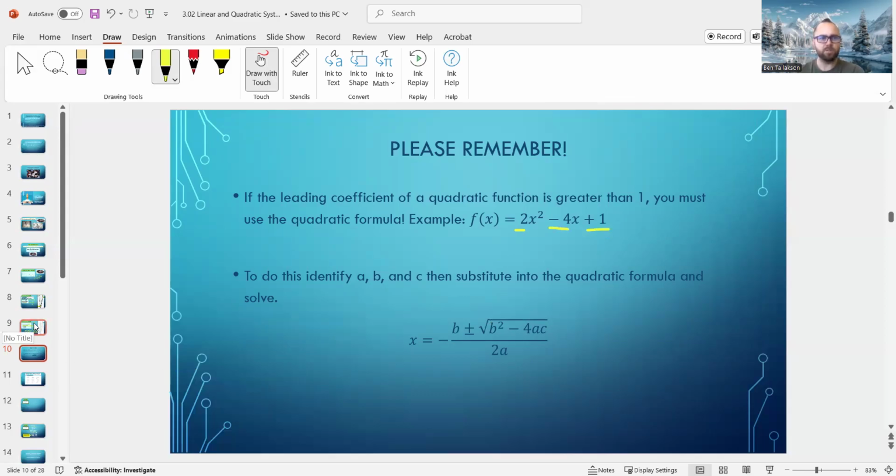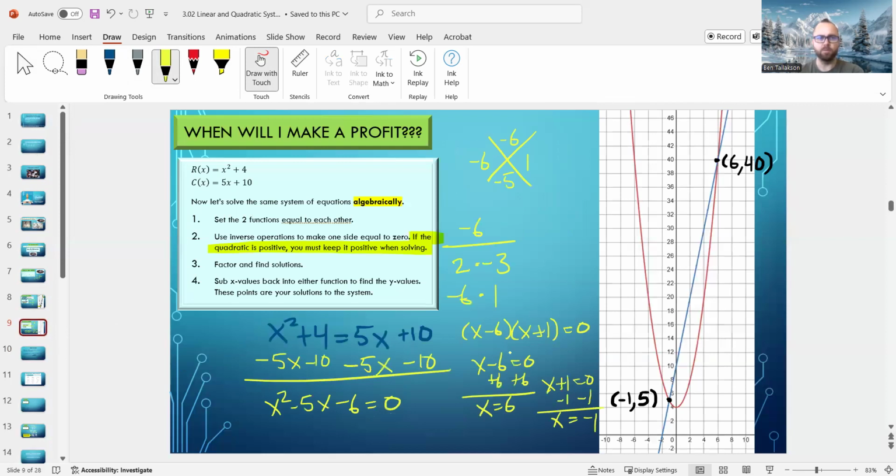And let's go back to this graph one more time. When you look at this, you see how many solutions? 2, right? Do you think that's always the case?